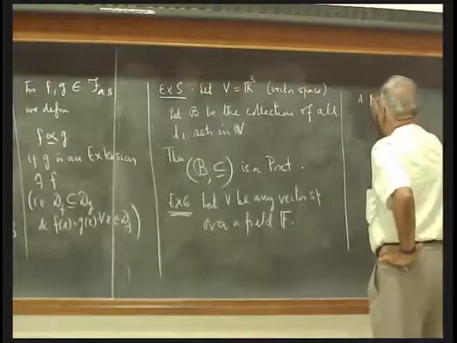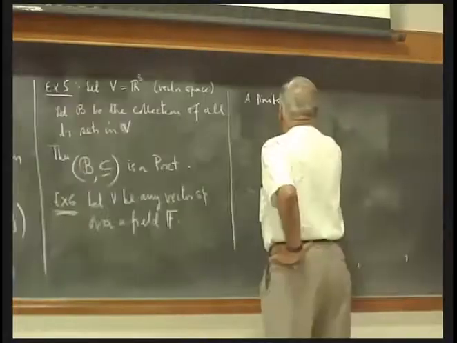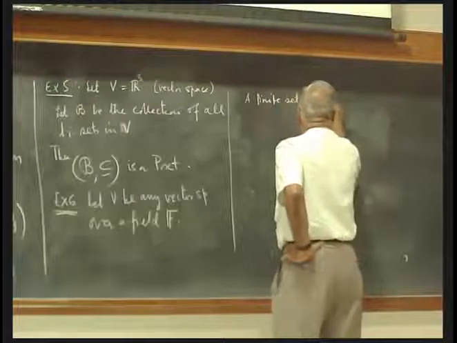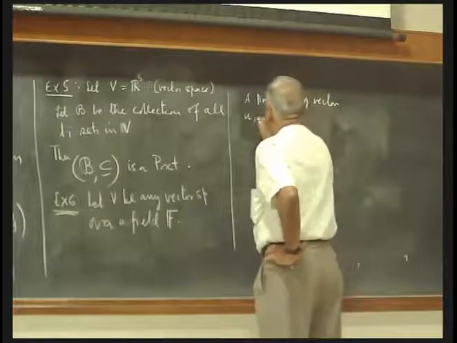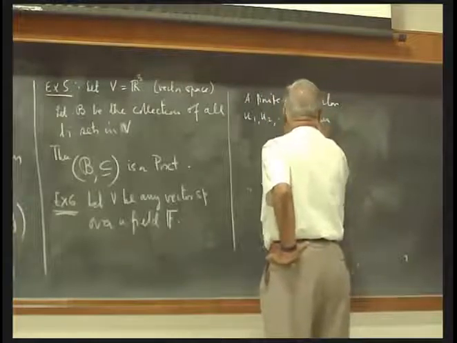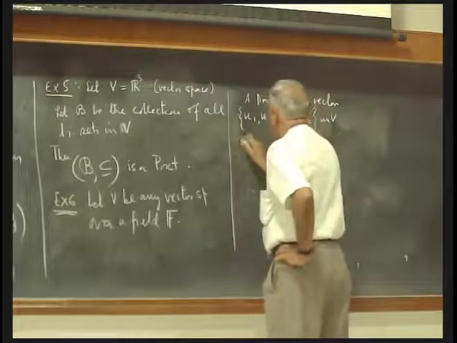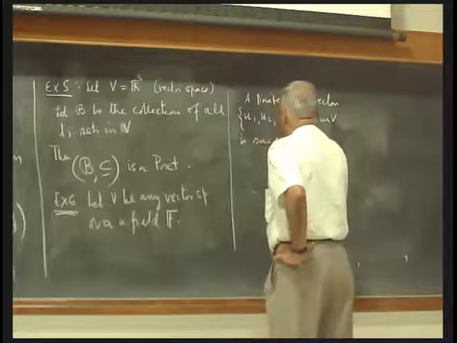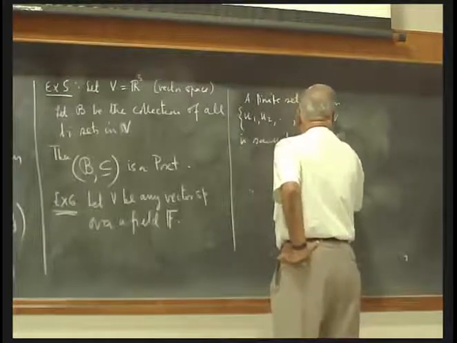A finite set of vectors u1, u2, ..., uk in V is said to be linearly independent. This is the usual definition.